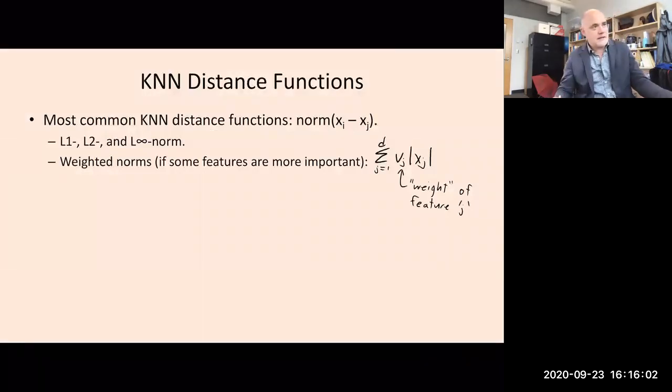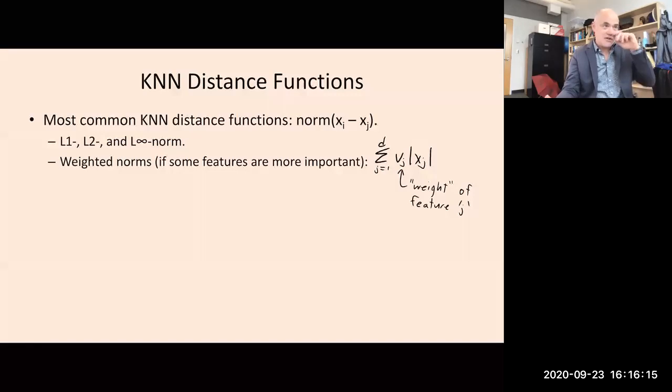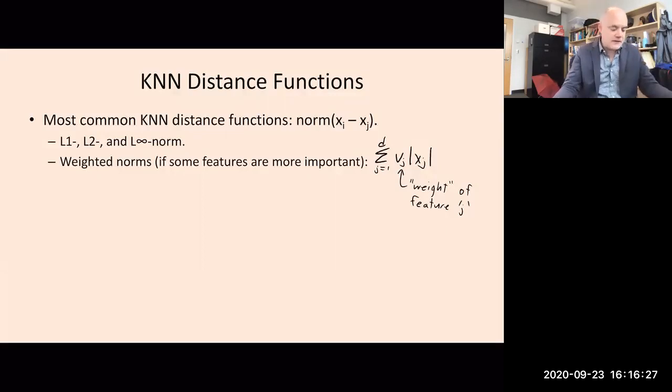So I hinted at this before: in k-nearest neighbors, and in fact most machine learning methods, you get to choose the distance function that you use, right? The most common k-nearest neighbors distance function is just the norm of the difference between vectors, and you can choose between L1, L2, L infinity norm, whatever. And you can think of these as hyperparameters or model selection choices that you might want to make.